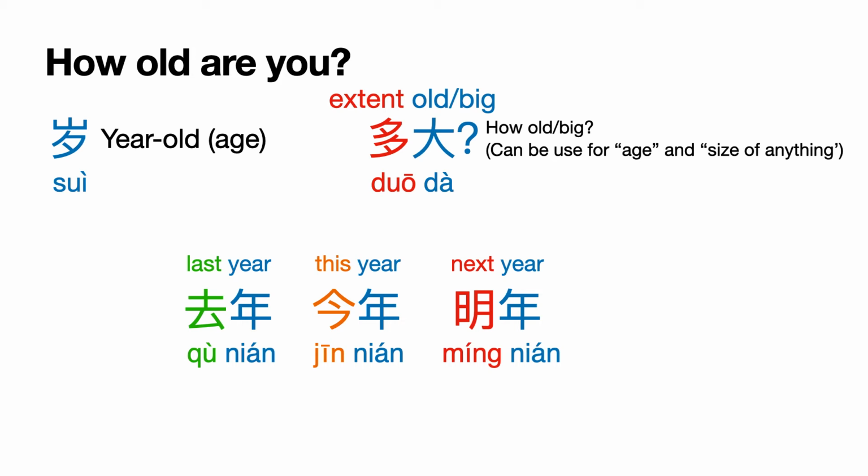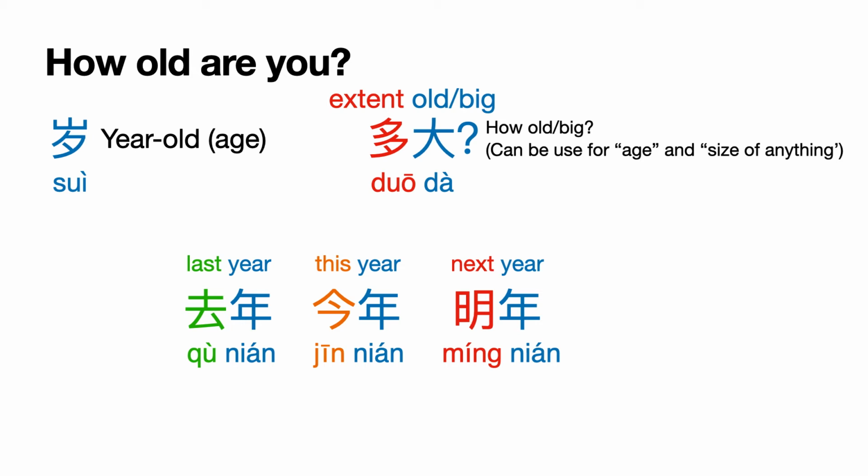And 大 basically means big or old in this case. 多大, how old, how big. So it could be used to ask age or anything else. Like, for example, how big is the table? 桌子多大? 桌子 means table. I'm just going to give you an example.